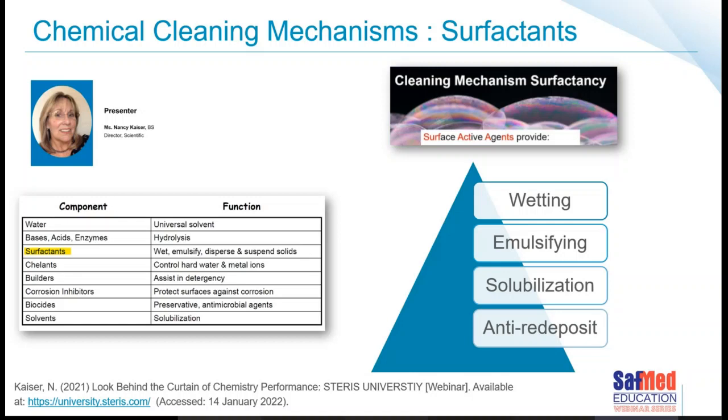Surfactants, on the other hand, are also going to help prevent organic materials like blood and fats from redepositing on your instruments. Surfactants aid in cleaning by wetting, by emulsification, and by solubilization. So what does that all mean? Let's have a look at that over the next few slides, so we understand what we mean by that.